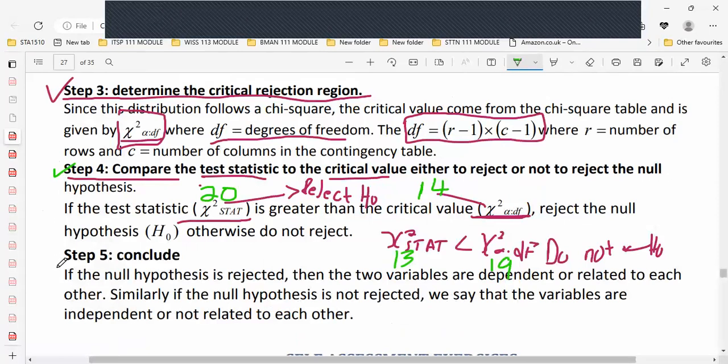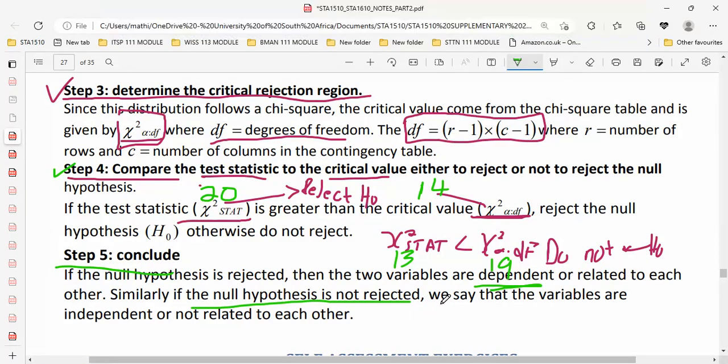Step 5, you conclude. If the null hypothesis is rejected, then the two variables are dependent. It means there's a relationship between the two variables.